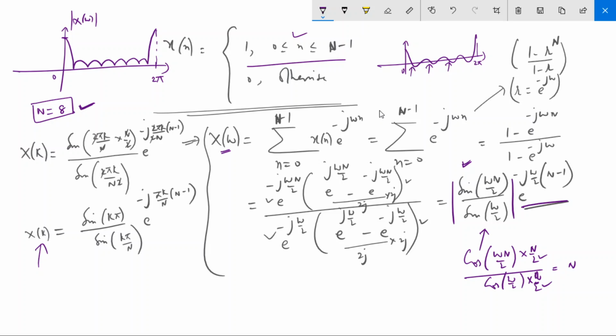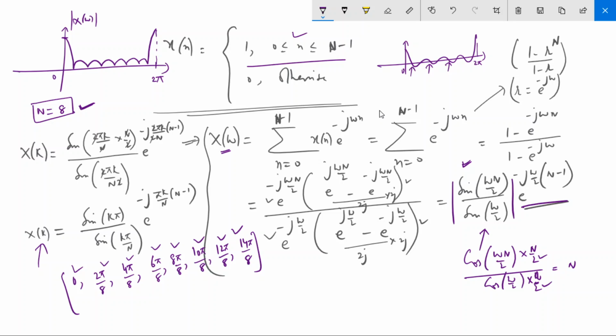So here we are sampling at 0, then at 2 pi by 8, 4 pi by 8, 6 pi by 8, 8 pi by 8, 10 pi by 8, 12 pi by 8, 14 pi by 8. You are taking 8 samples: 1, 2, 3, 4, 5, 6, 7, 8. Next will be 16 pi by 8, that is 2 pi.